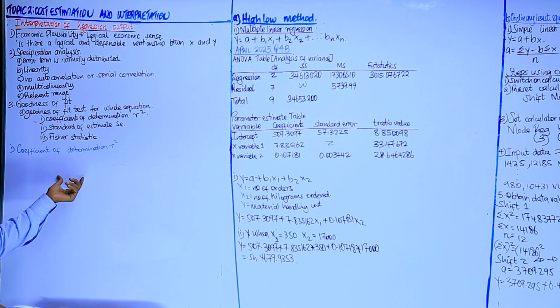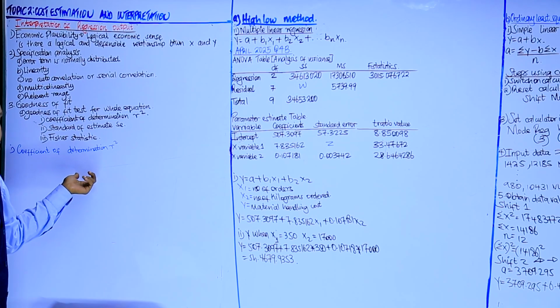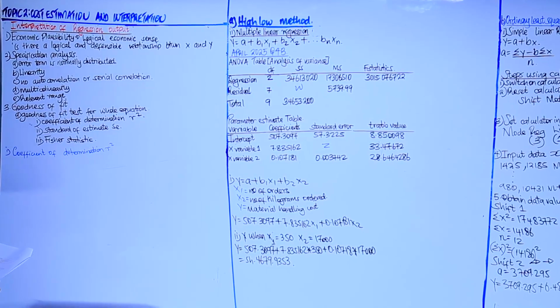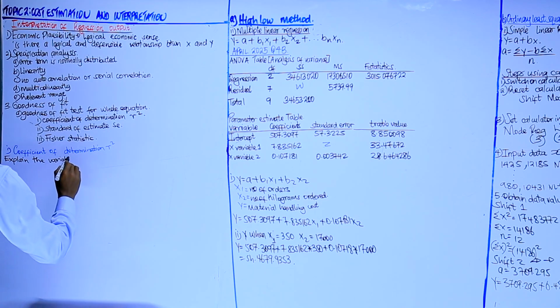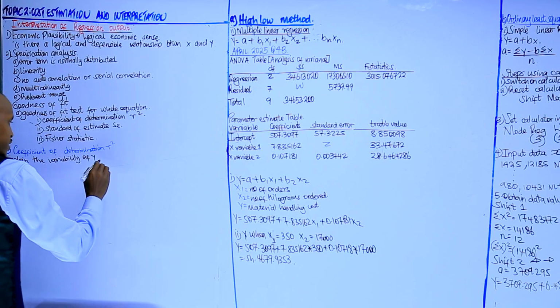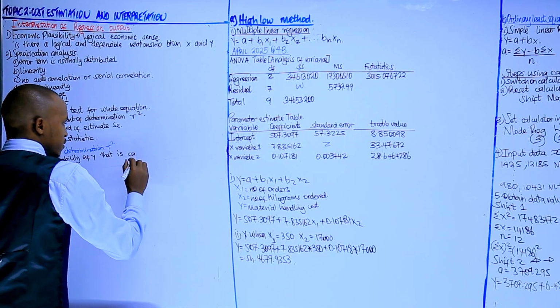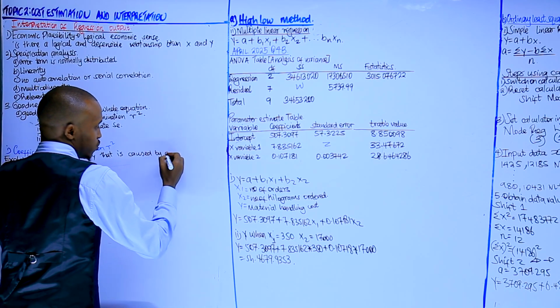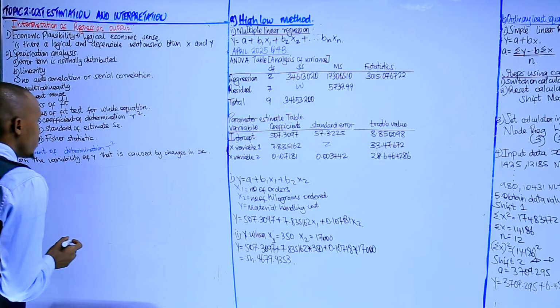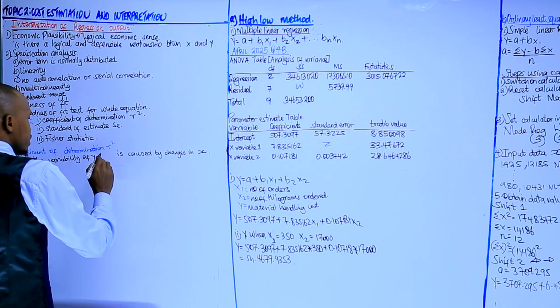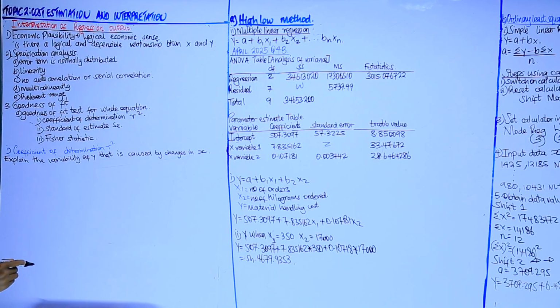So it explains the variability or changes in Y that is caused by changes in X. And remember, Y is the dependent variable, and X is the independent variable.